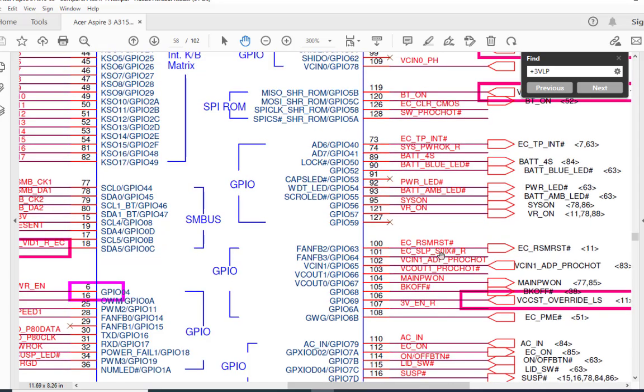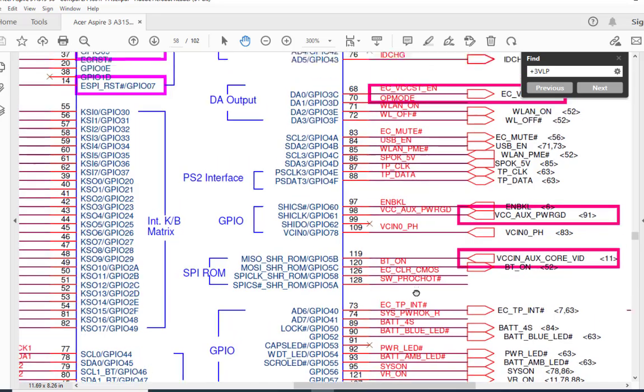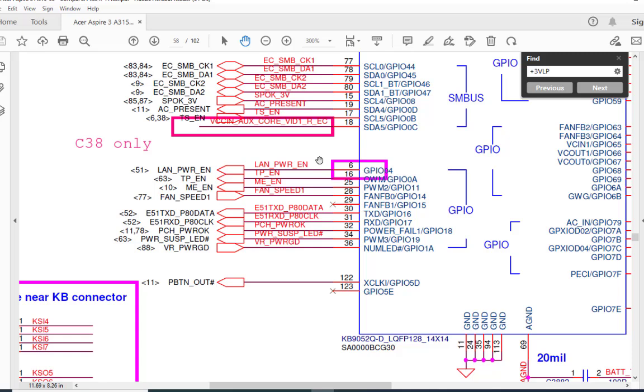We'll see where it is. Yes, this one, pin number 112, PBTN. This output signal goes to the CPU to indicate that the power button is pressed. Here you will get a 3.3 volt pulse.